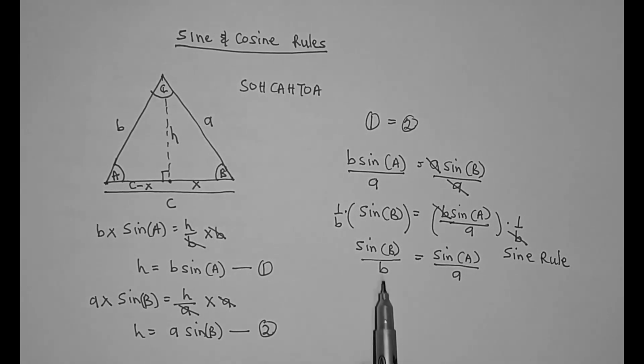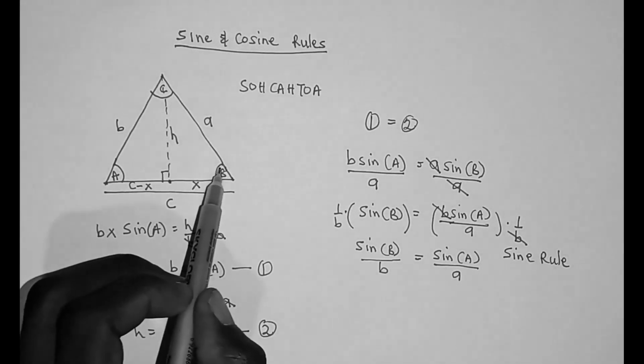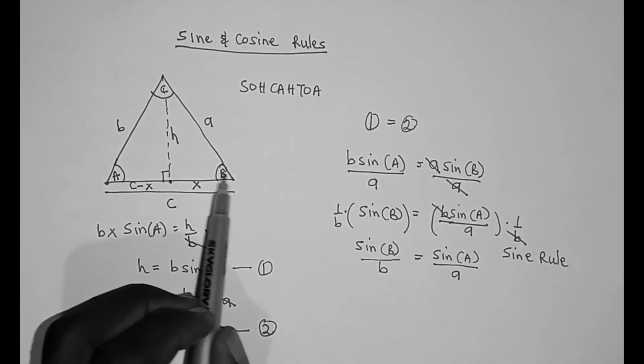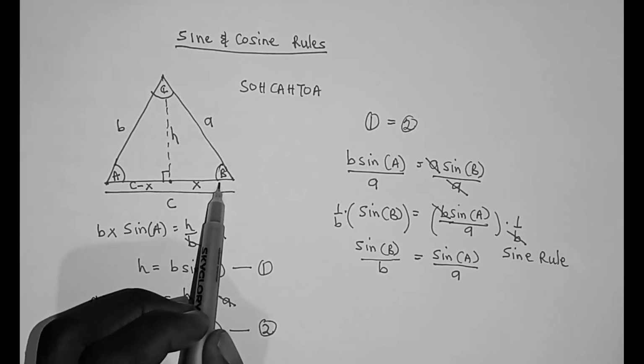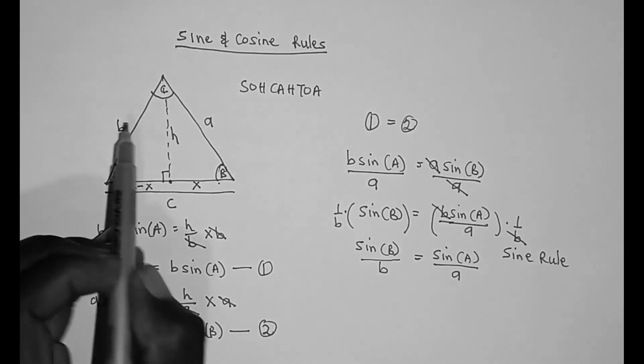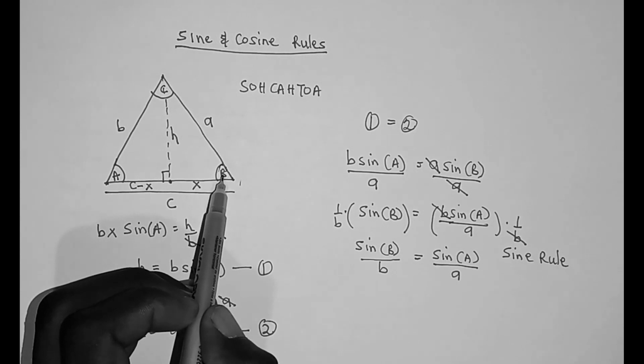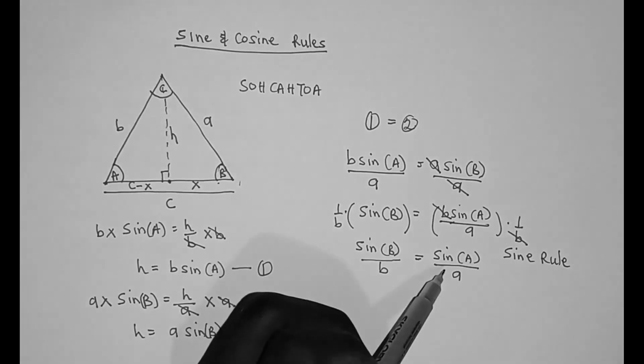So sine B over b is equal to sine A over a. Sine B over b is this angle and then this length. So the sine of the angle divided by the length facing it is equal to sine A over a.